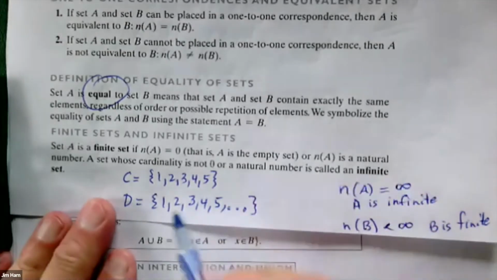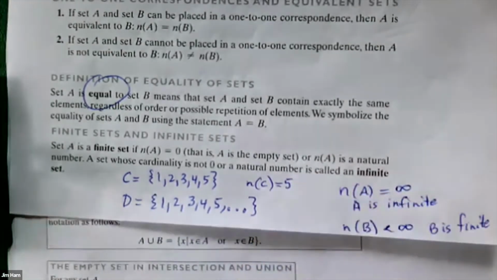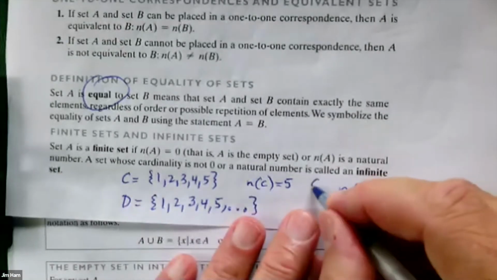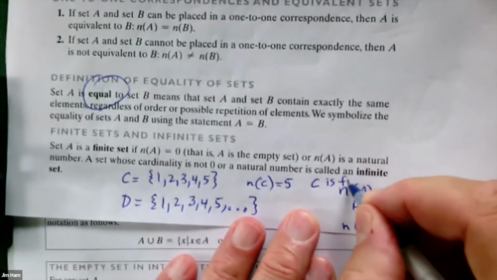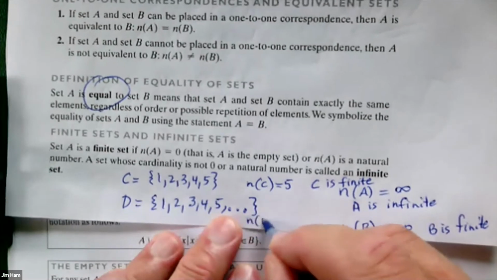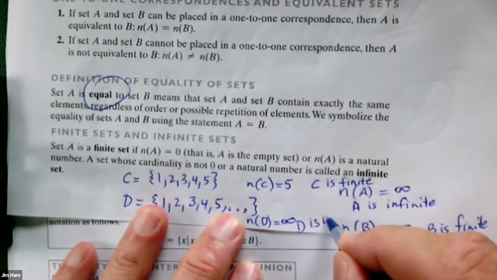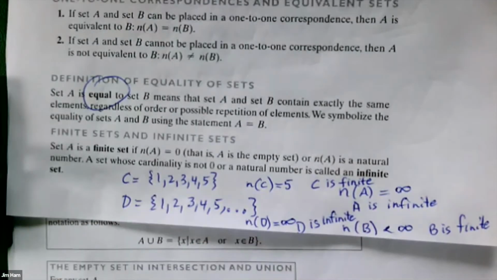Since the number in C is equal to 5 elements, we would say that C is finite. And D, we can't possibly count up all those numbers because they go to infinity. And so the number of elements in D is equal to infinity, so therefore D is infinite. Finite and infinite deals with the number of elements in the set.